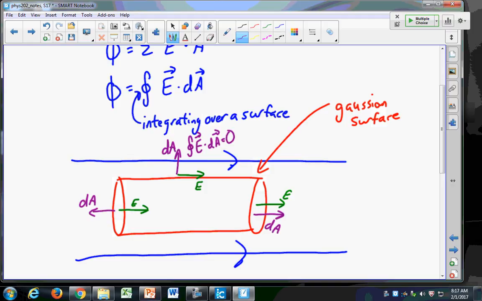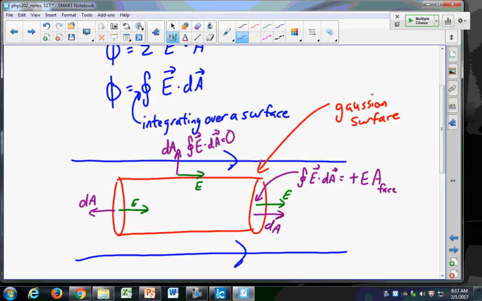If I think about this surface right here, the integral of E dot dA is going to be positive E times the A of that face, that particular face, which in this case would be pi r squared because it's a circle.